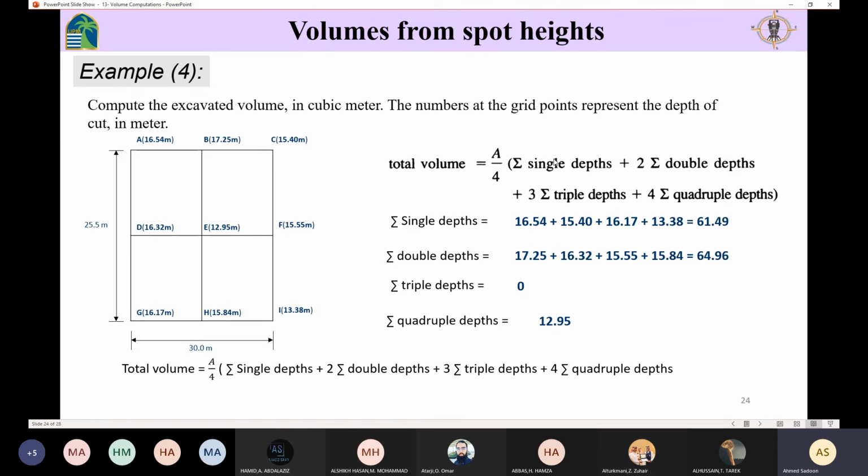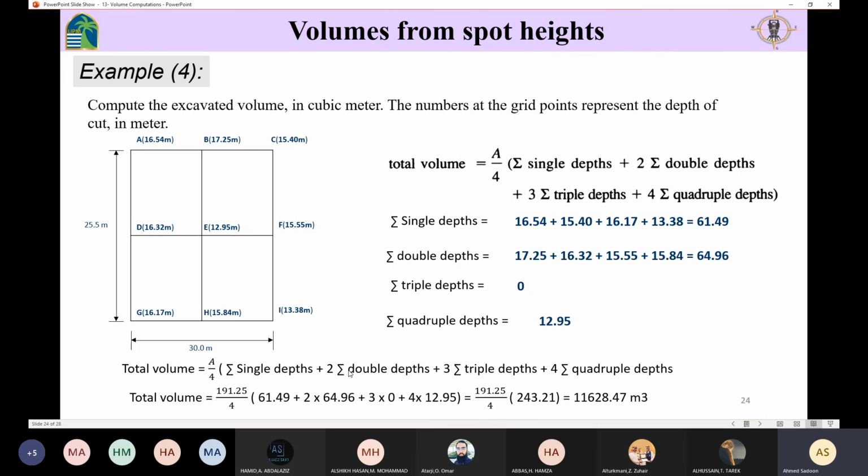Then I'm in a position to use the formula. I have all of this. I know the single depths, double depths, triple depths, and quadruple depths. And for the value of A, this 1 over 2 times this 1 over 2 is going to give me the area for one spot. So here we have the area for this spot plus this one, this one, this one, and that one.